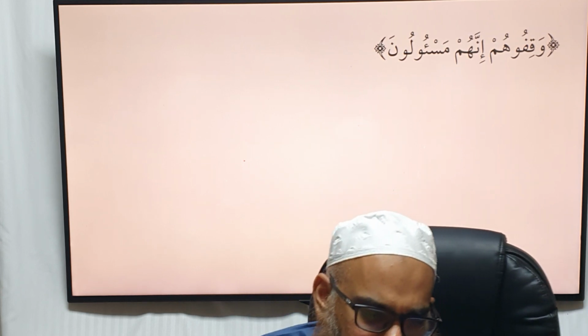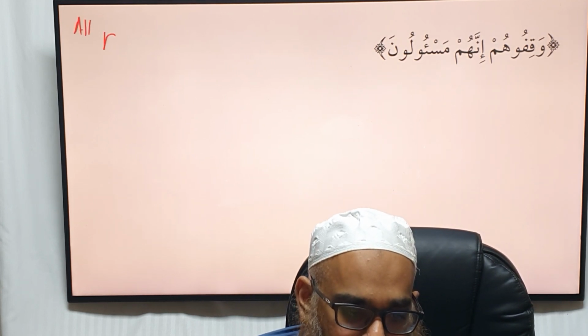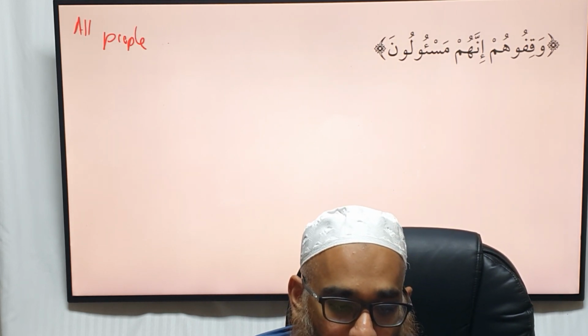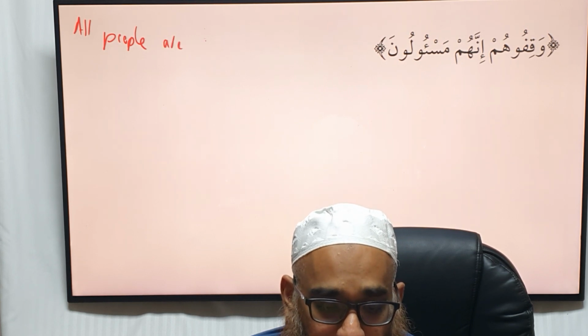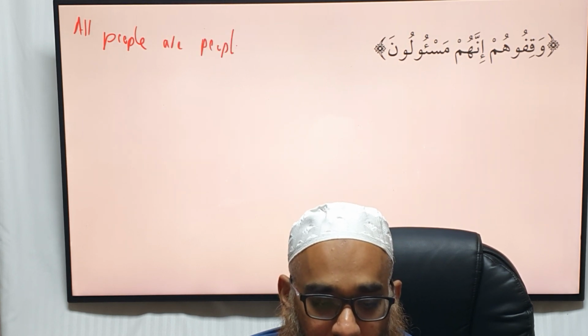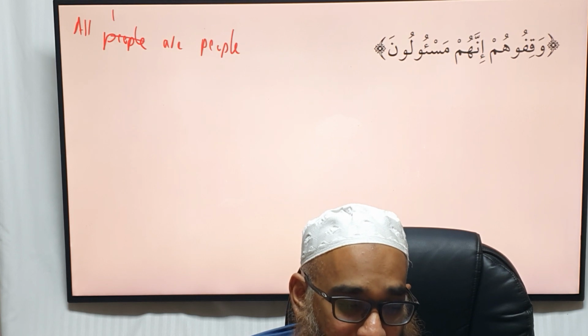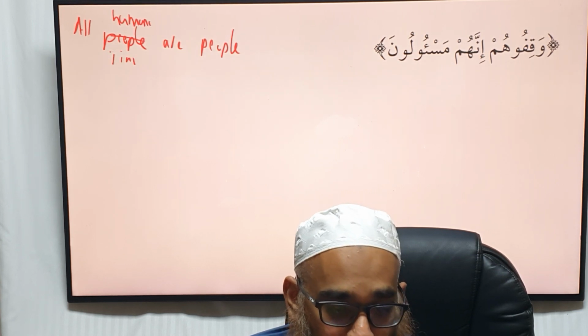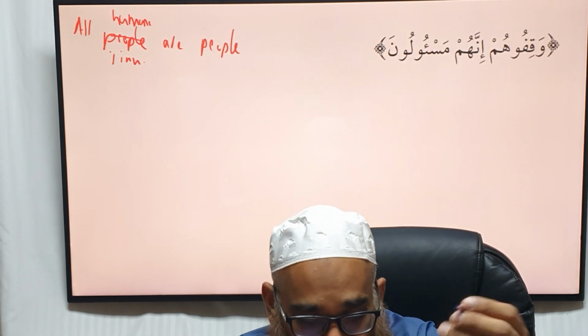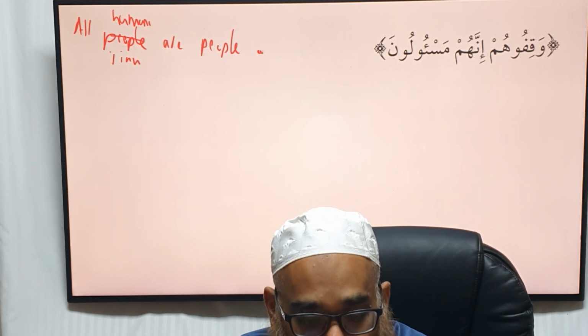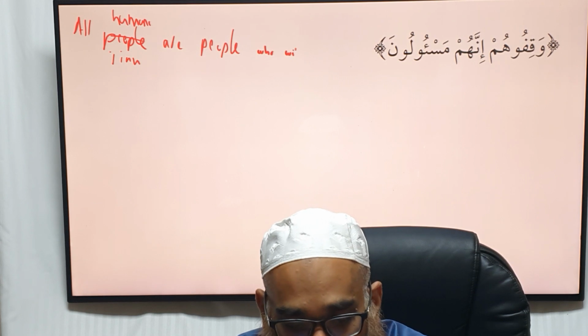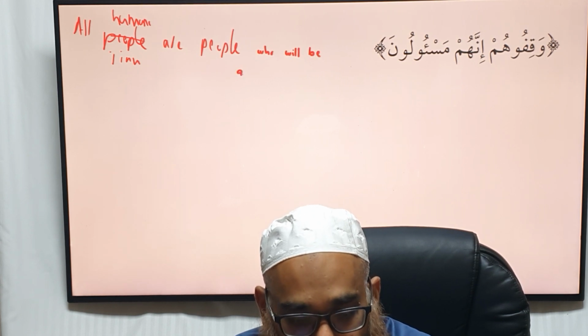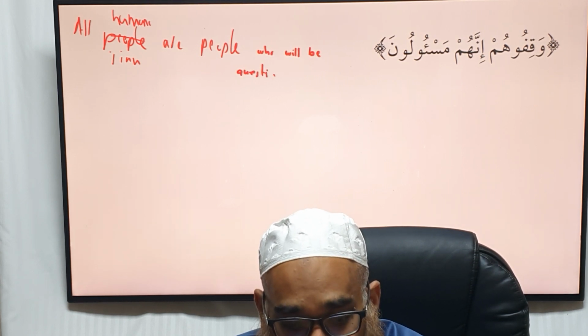So all people are people who will be asked. All people, we say all humans and jinn are people who will be questioned. That's what this ayah is saying, isn't it?